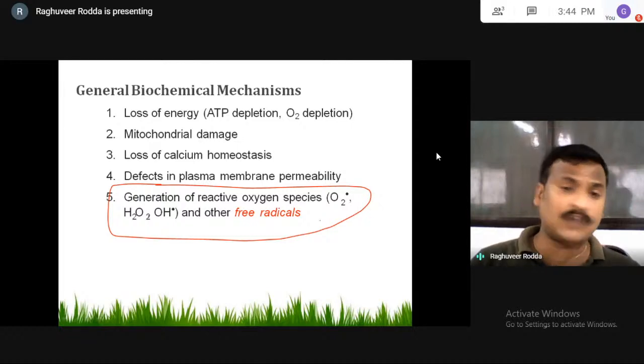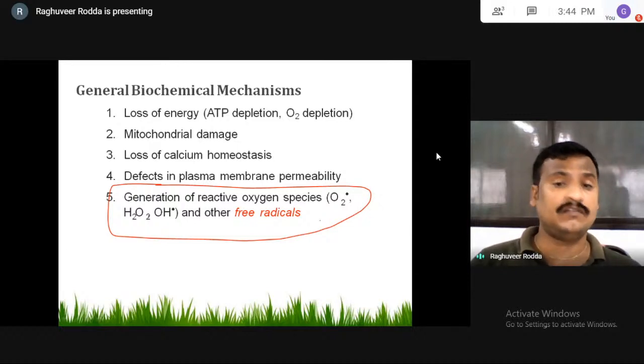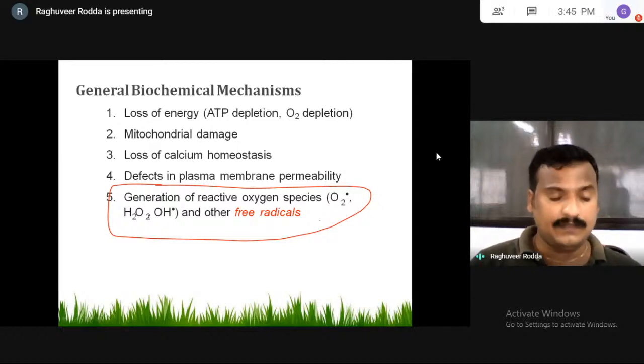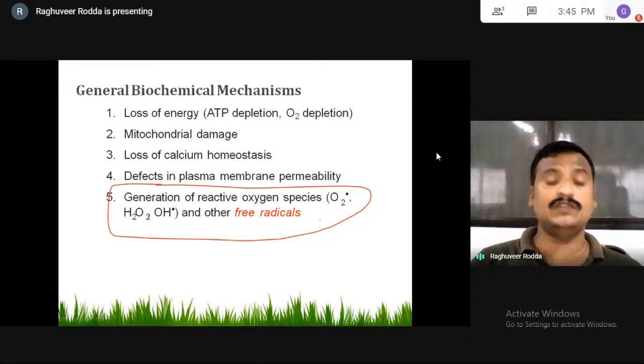So when the cell is performing various biochemical reactions, there is a production of a huge number of reactive oxygen species, and a huge number of H2O2, hydrogen peroxide, and hydroxyl ions.